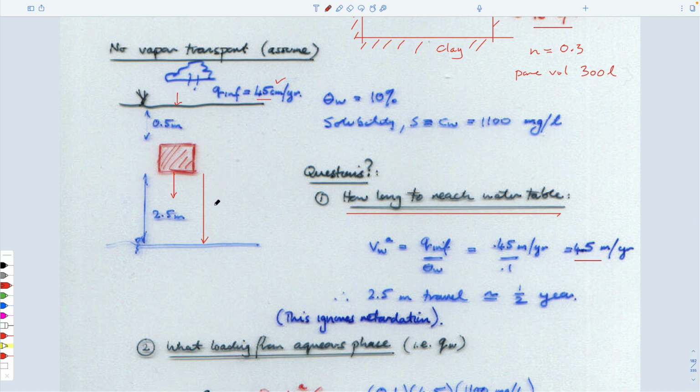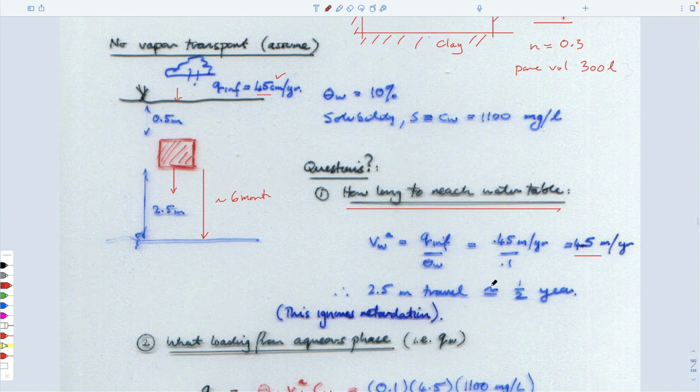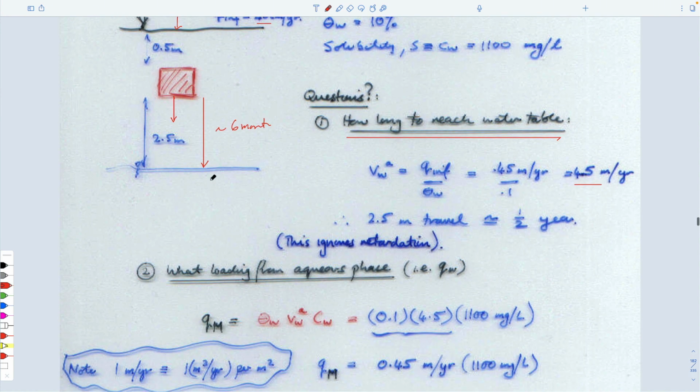So if it has to travel 2.5 meters, this is about 6 months. So it travels 4.5 meters in a year. To go 2.5 meters, it's going to take half of that time, right? Just from the ratio. So that means it will travel like that. That is without retardation. So that's for R equals 1, goes to 2.5 years.